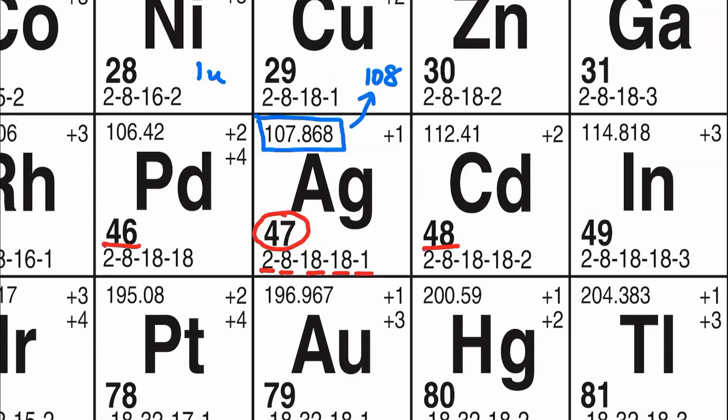And what they do to get this number is they average all of the different forms of silver, all of the different numbers of ways it can have extra or fewer neutrons. That's an isotope with 47 protons.